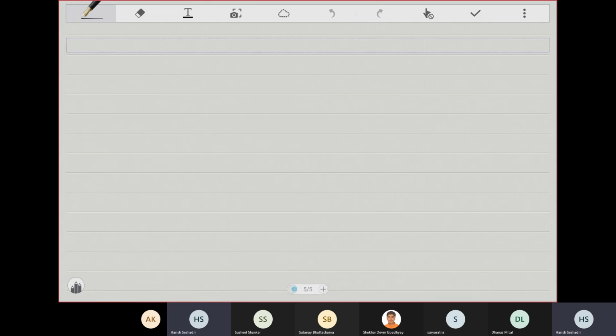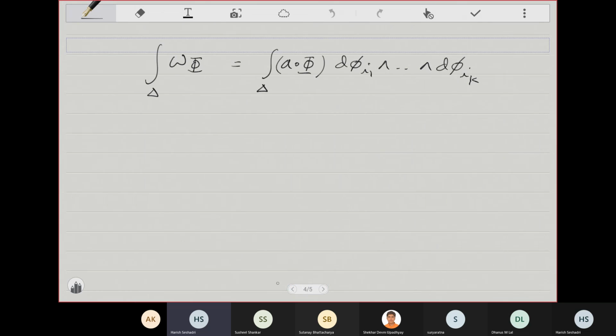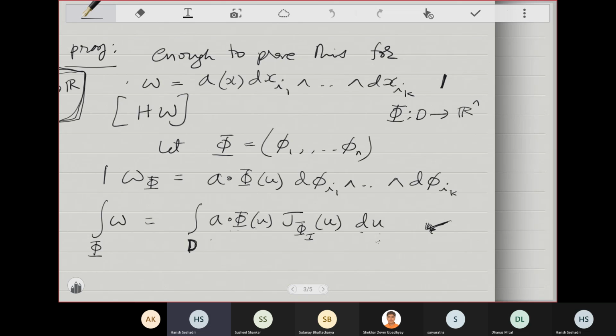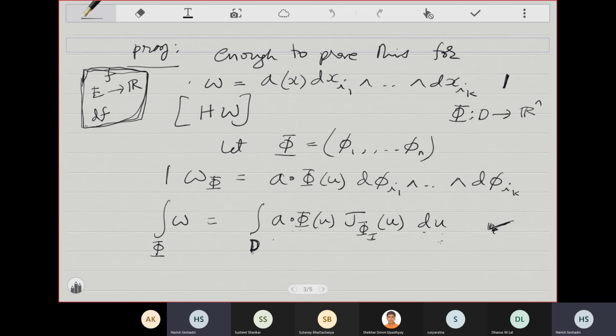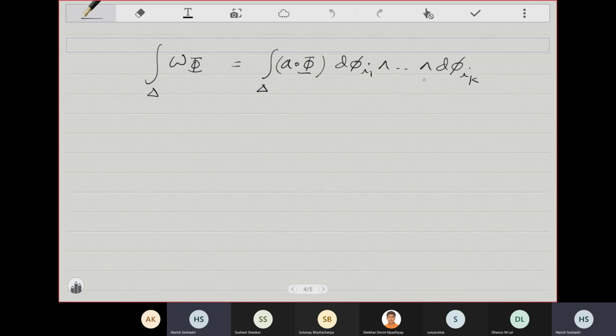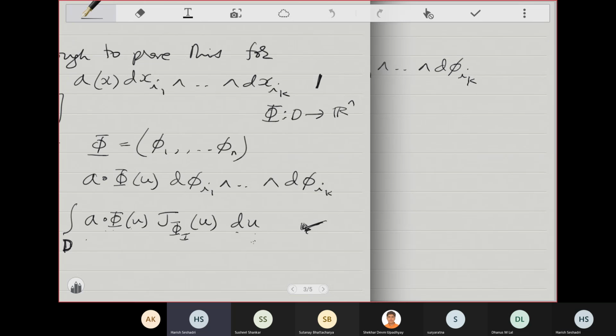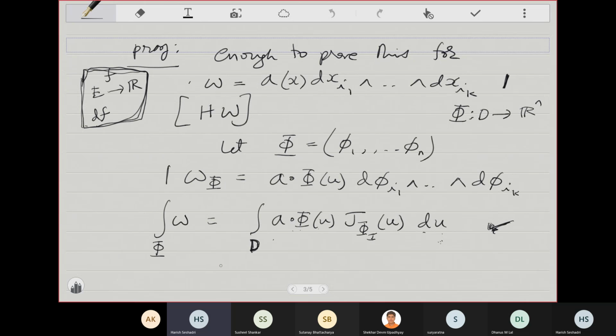Actually, I should go back. Here I have the integral over D of something, and on the right hand side I have the integral over delta of a differential form. So if I want to equate the two, I should at least have similar kinds of integrals. So here also I would like to bring a delta into play.